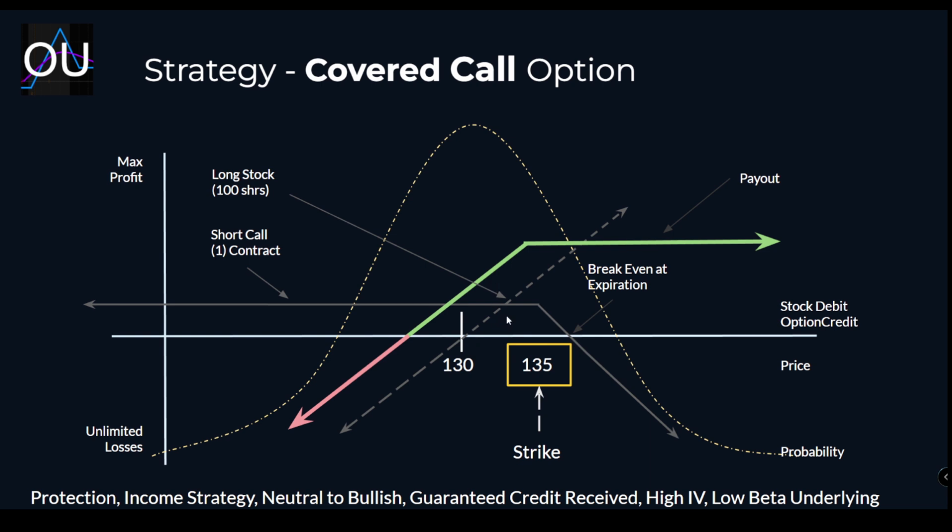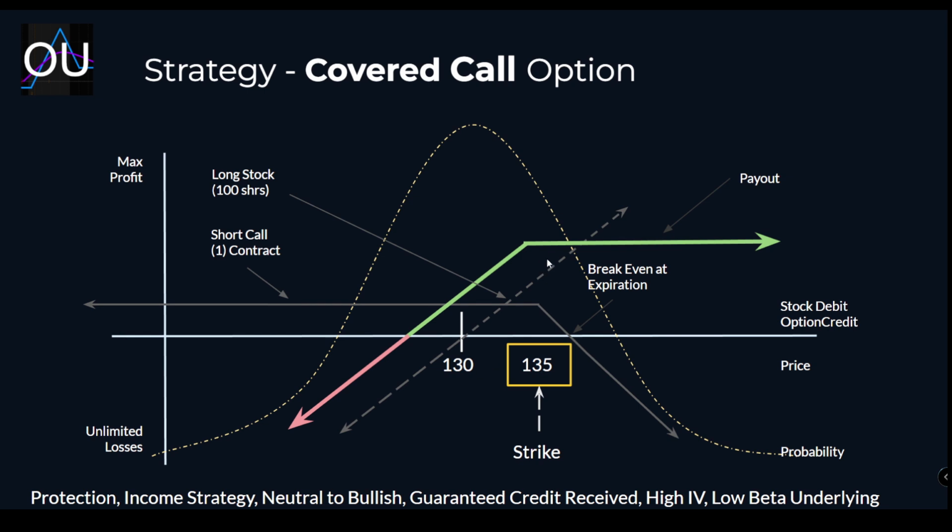But when you sell that call, all of a sudden your gains above that strike plus the premium that you collected start to get diminished, and the only thing you have at that point is the gain from the premium. You always have a gain from a premium. That's one of the things people tell you about a covered call strategy: you're guaranteed to make your premium, and that's true.